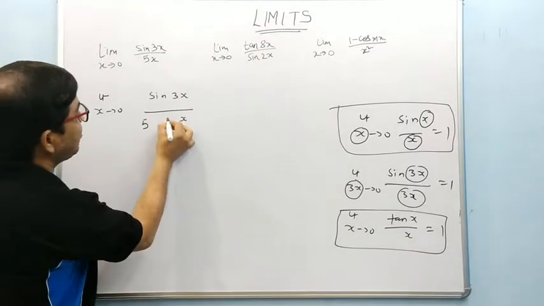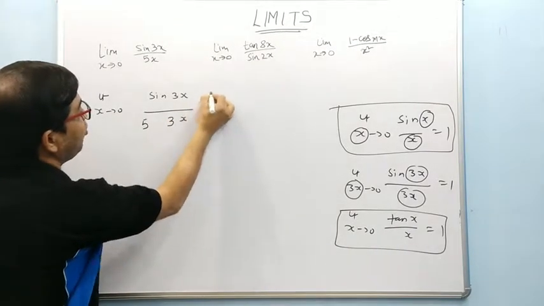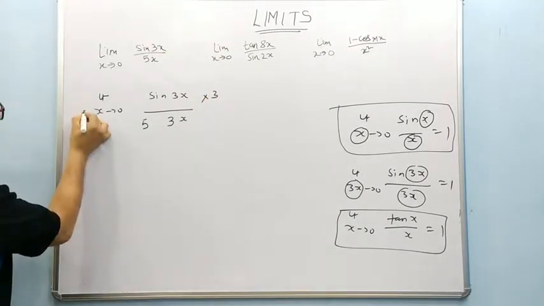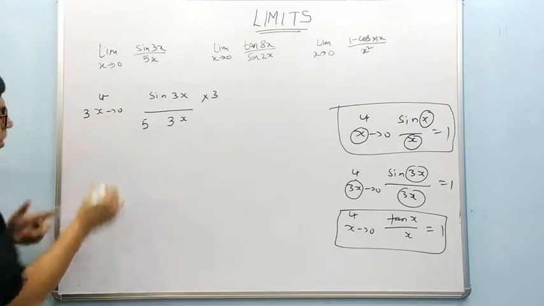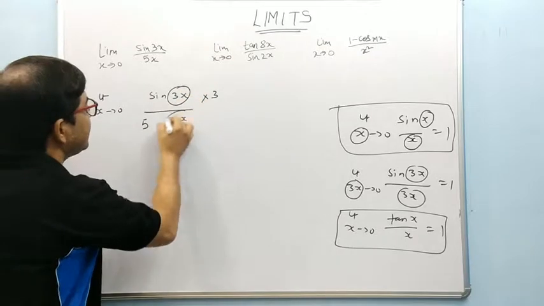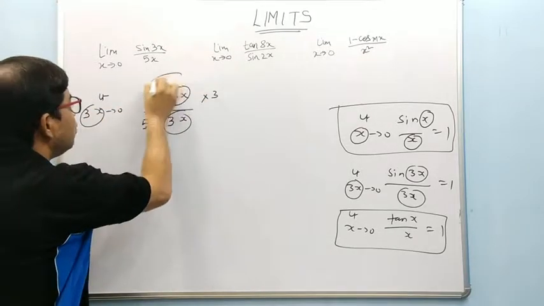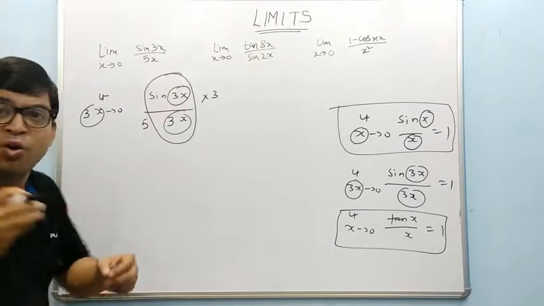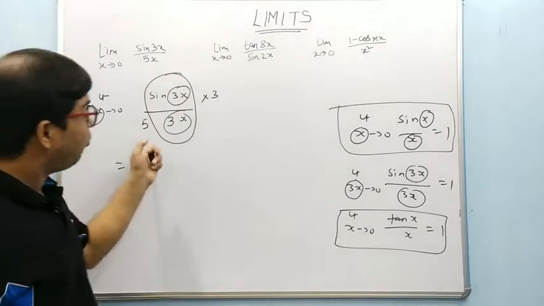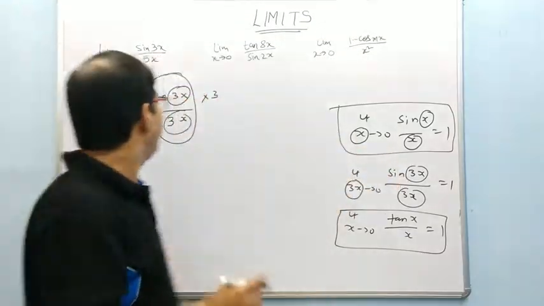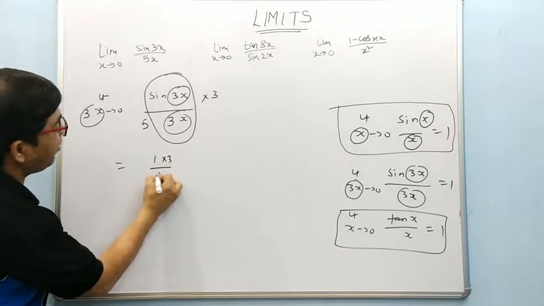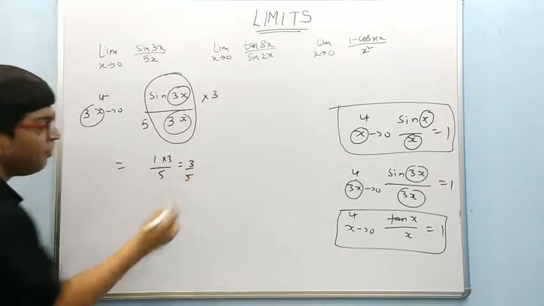I multiply with 3 in the denominator and balance it out in the numerator, and since x multiplied with 3, 0 multiplied with 3 is still 0. Now see, this is matching, this is matching, this is matching, so this thing is 1. On taking the limit, by this formula it is coming out to be 1 into 3 by 5. So 3 by 5. Very simple.